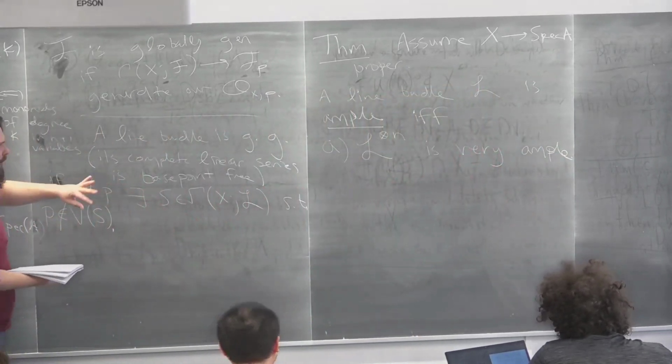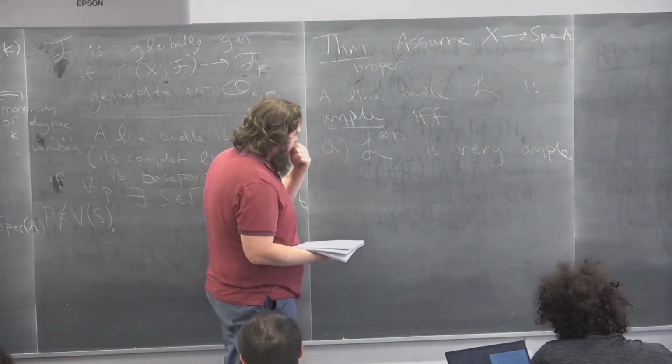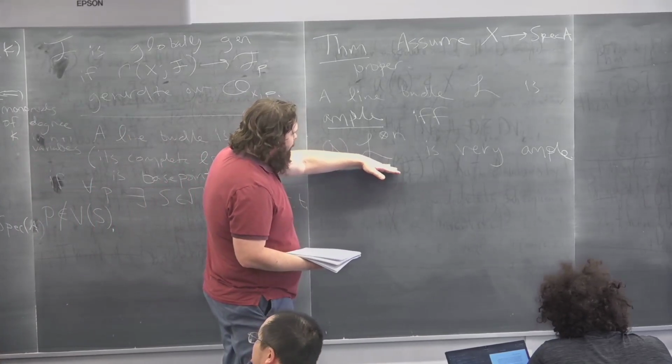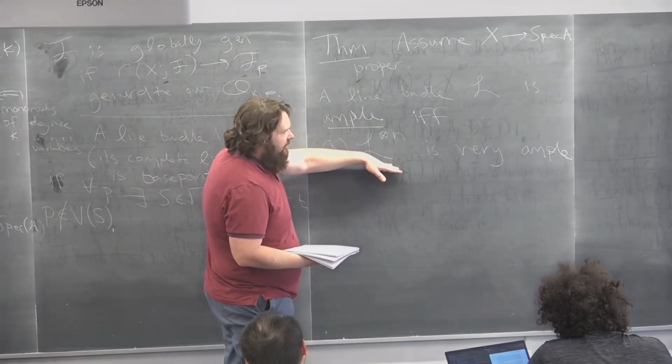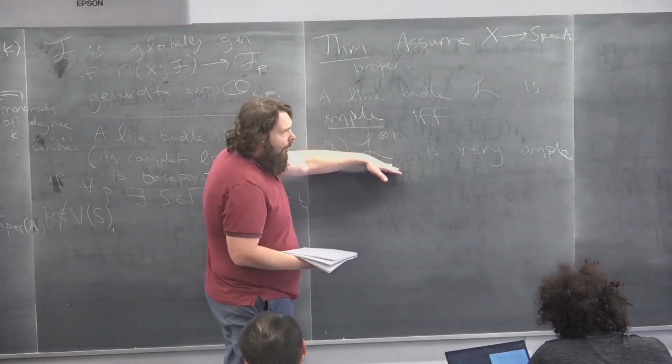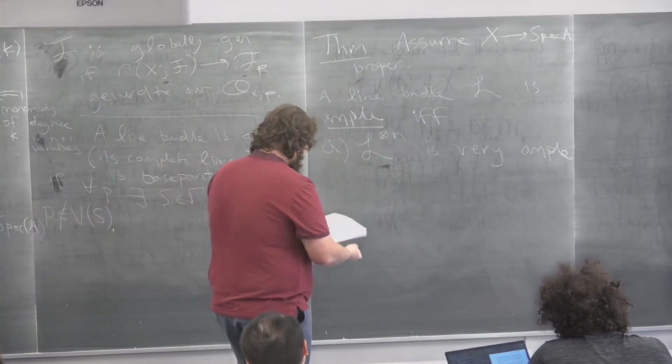And all of these are sort of variations on them where you can make them a little stronger, a little weaker. So you can make this stronger by saying for some lower bound, for all n above that lower bound, this power is very ample.